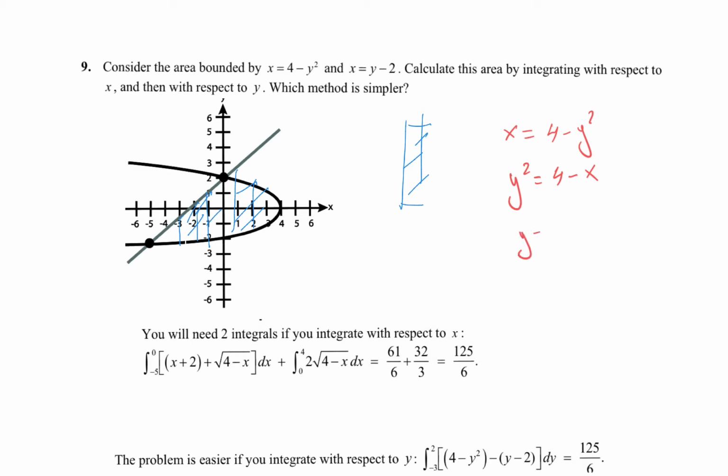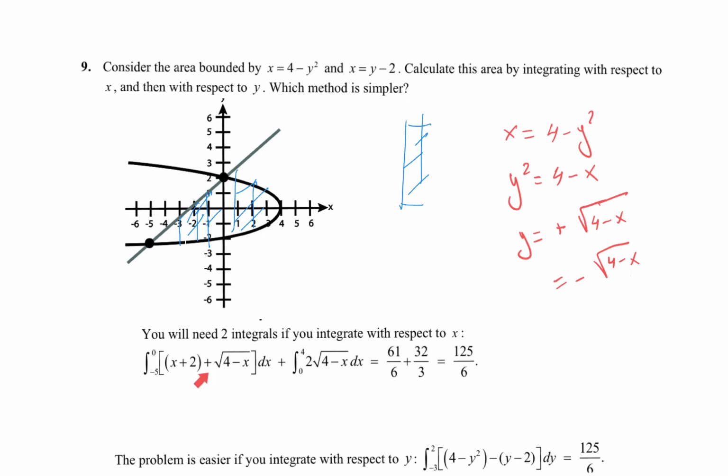So y is equal to plus square root of 4 − x, or minus square root of 4 − x. So the lower curve is this part of the parabola, y equals −√(4 − x).